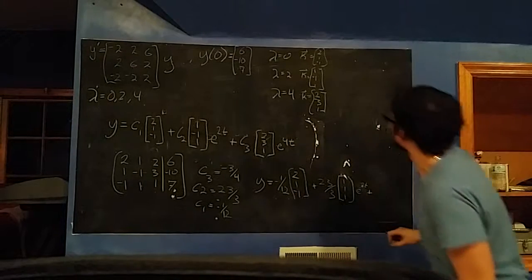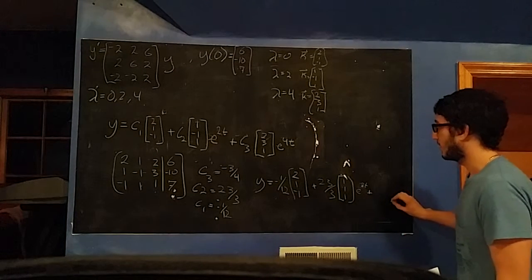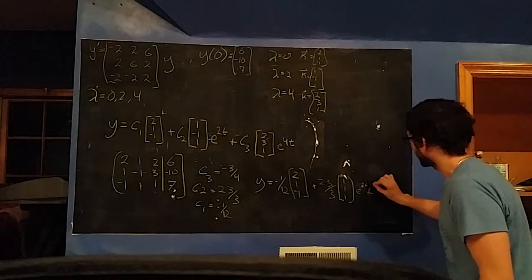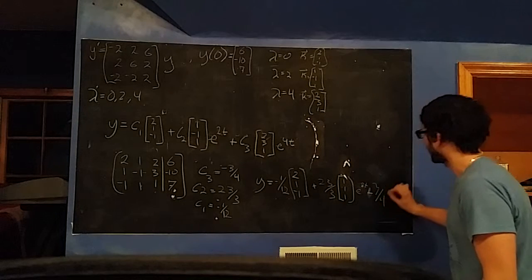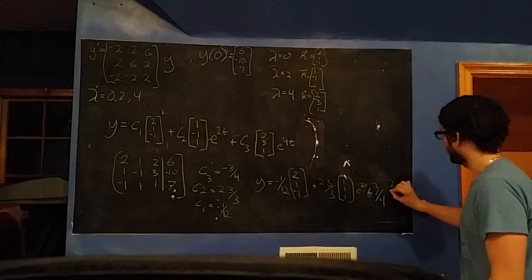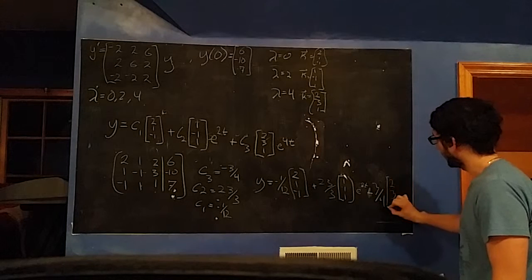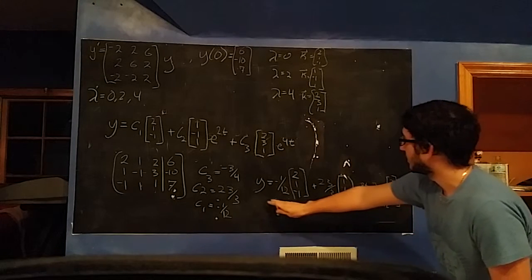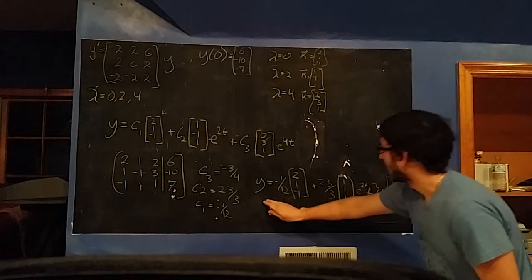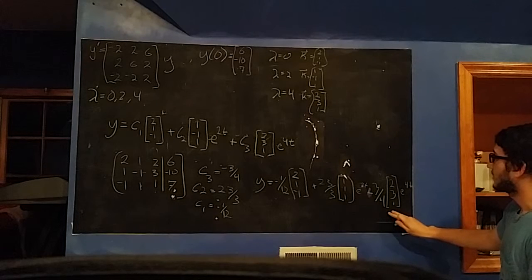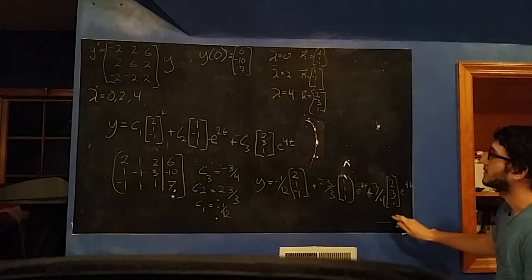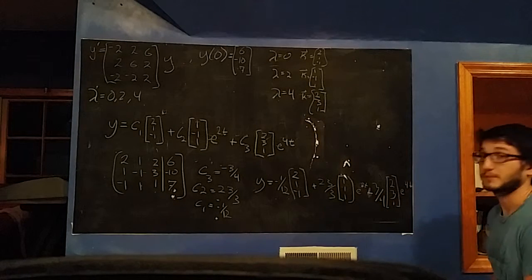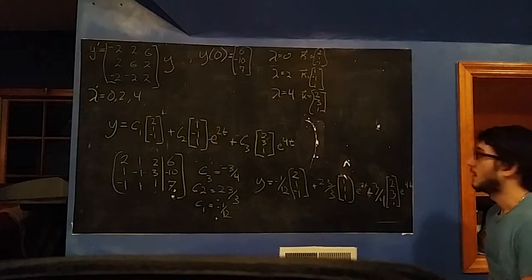And last but not least, we had negative 3/4 times that 2, 3, 1, e to the 4t. And that would be my particular solution to the system of differential equations.